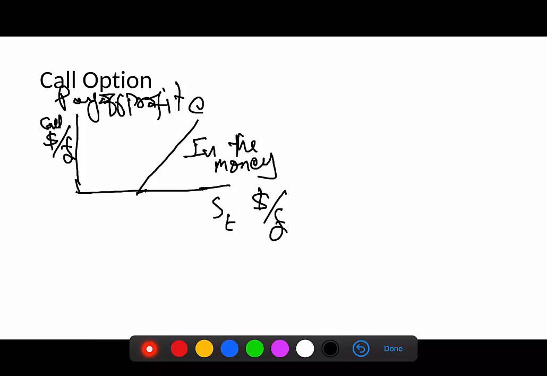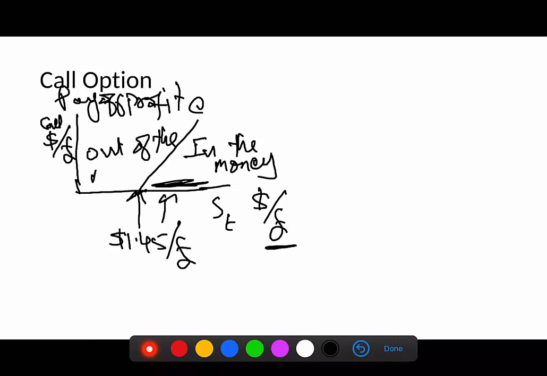Why is this in the money? Because let's suppose this is the strike rate, $1.45 per pound. Again, pound is the base currency over here and the price currency is the dollar. Then on the expiration date, or even earlier, depending on whether it's a European or American contract, if the spot rate is high, you would be paying more US dollars to buy each unit of pound. So this is in the money and this is out of the money.